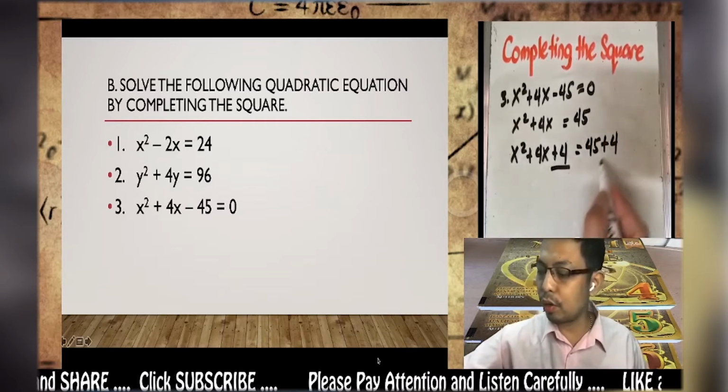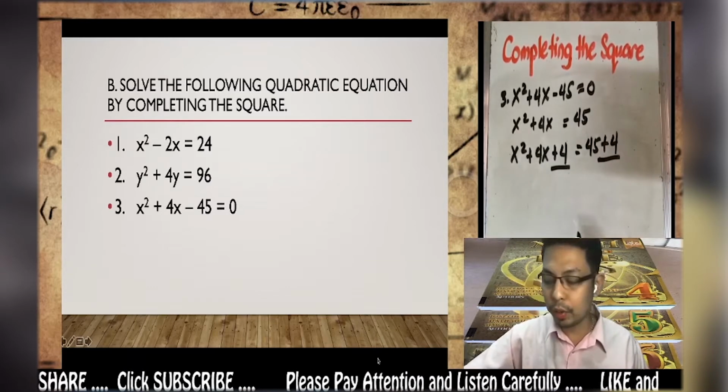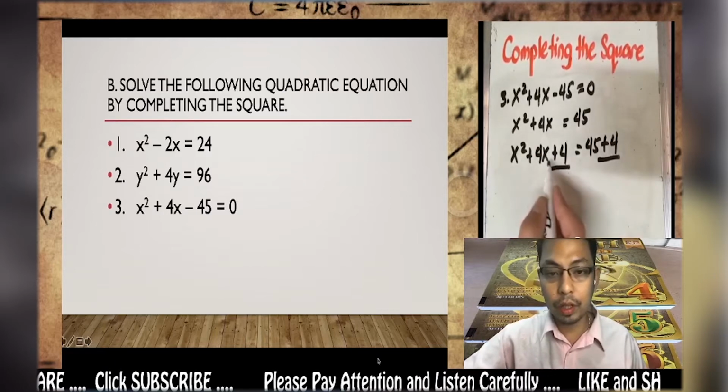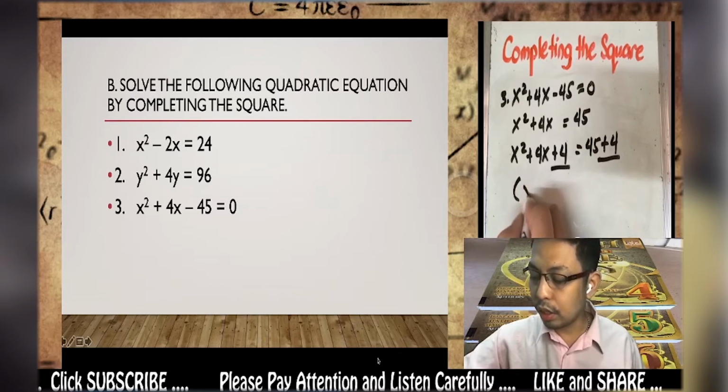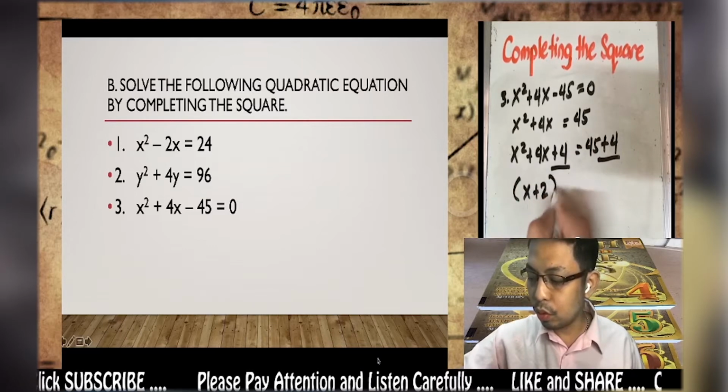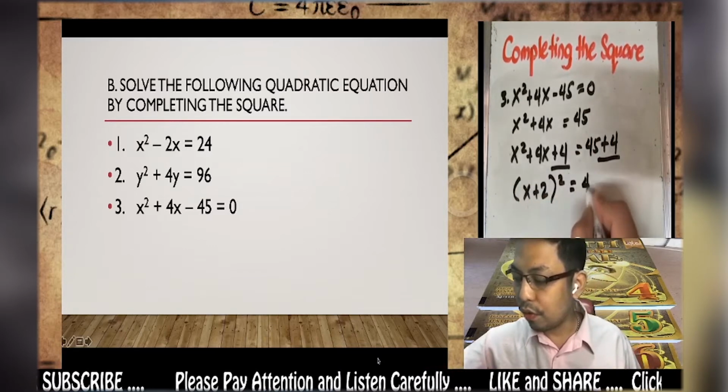We add 4 on both sides by completing the square. So this is a perfect square trinomial. This becomes the square of a binomial. The quantity x plus 2 squared is equal to 49.